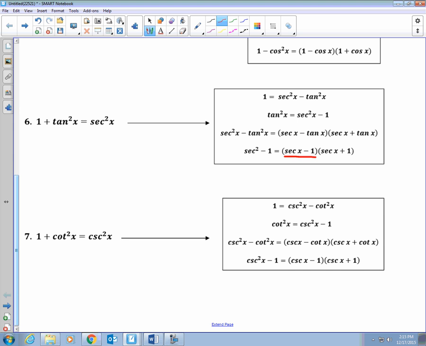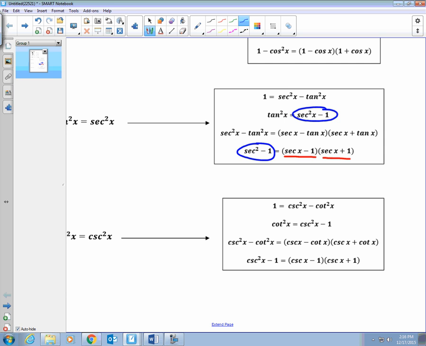Everybody see that? And it's paired with a secant of x plus 1. Where does that come from? It comes from secant squared minus 1. Finally, where does secant squared minus 1 come from? Tangent squared, right? So watch how I can simplify this problem.